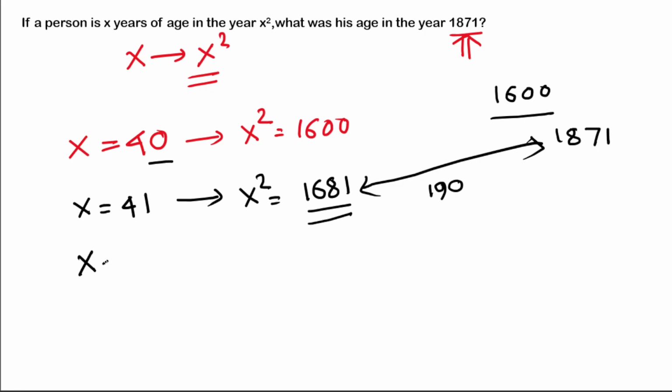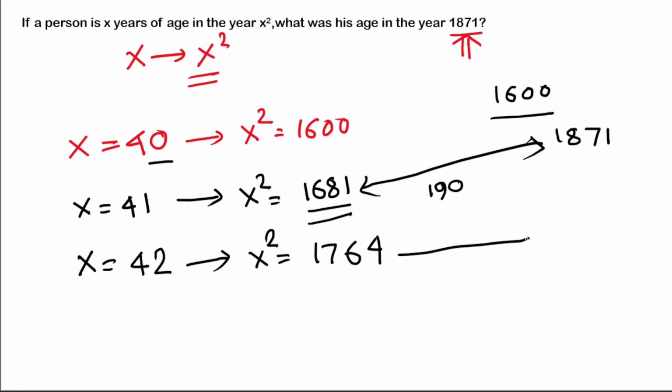Let us take x as 42. Now what is x square going to be? x square is going to be 1764. Now 1764 and 1871 are not really that close, but we can still work with it because they are just 107 years apart.